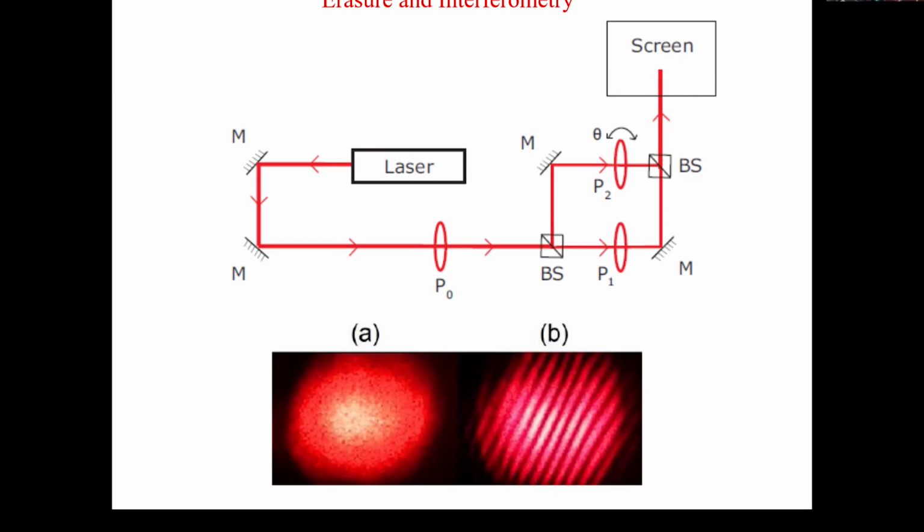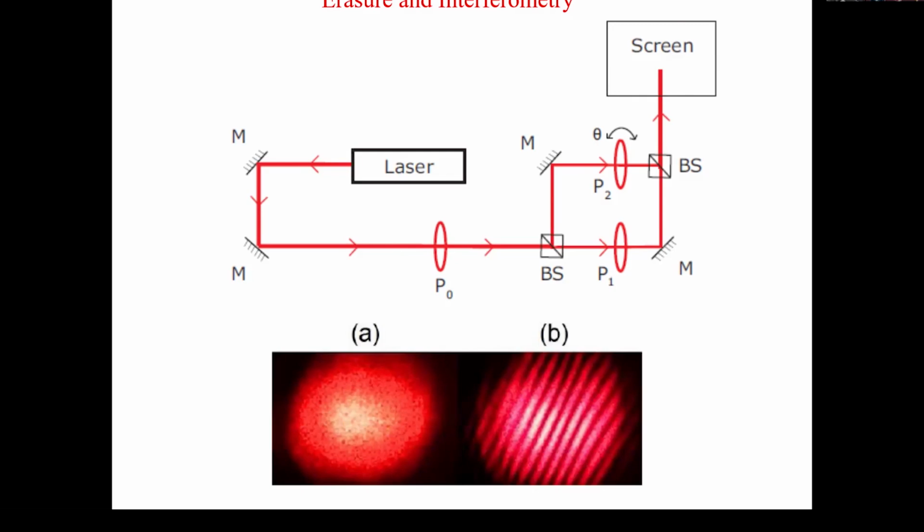then I put a screen. I will not see any interference, I will just see this classical blob, no interference. Because when I place these polarizers, I can measure the output polarization, and by measuring the output polarization, I can tell which path the photon has taken. Correct?